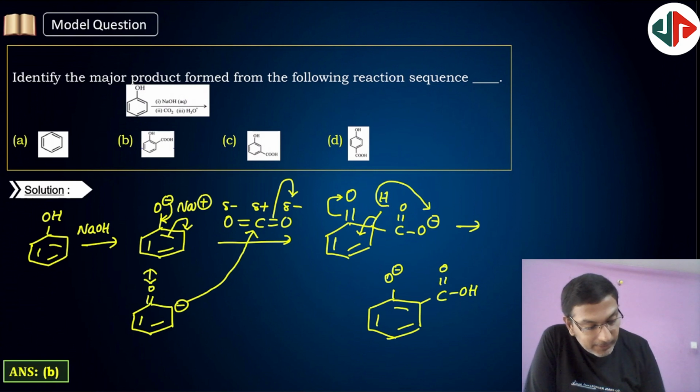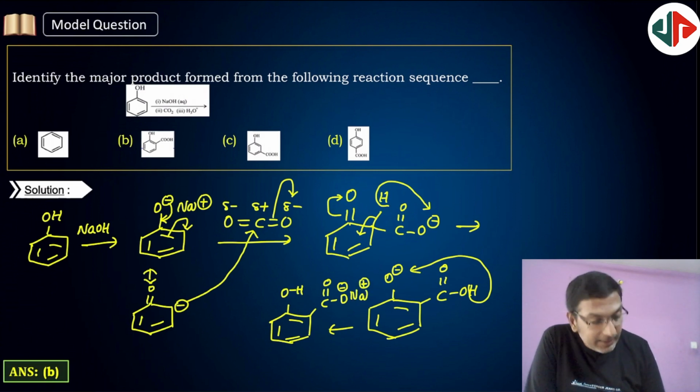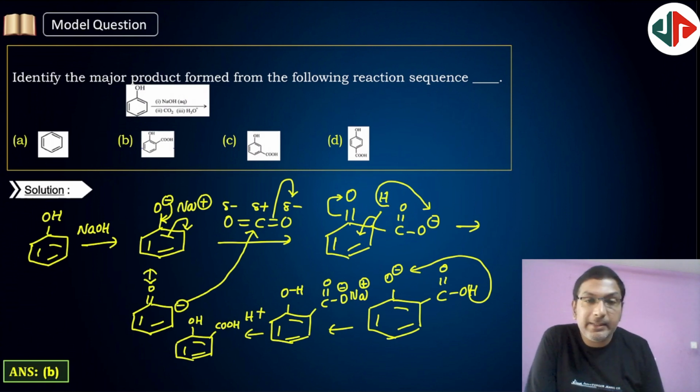Next, since COOH is a strong acid, it can supply H plus, and it gives OH and COO minus Na plus, which on acidification in the presence of acid gives OH and COOH, which is salicylic acid.